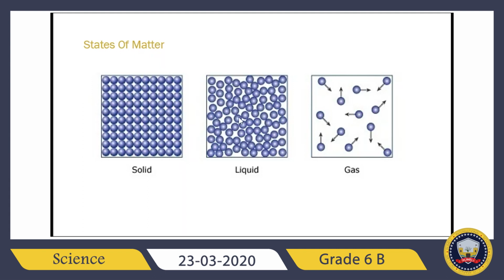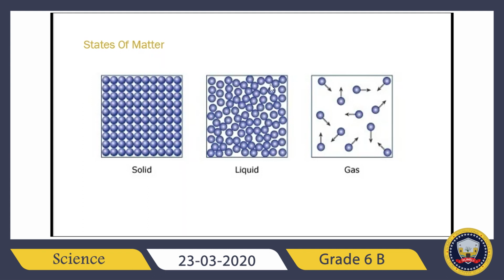Now, as we said, because we have some small space between particles, we would expect that these particles will be able to slide or move past each other. That's why liquid can easily flow. As we know, if you pour out, for example, a certain amount of water on the surface of a table, we can see that liquid can flow for a certain distance easily. Why?